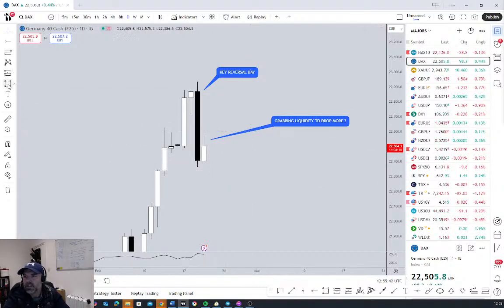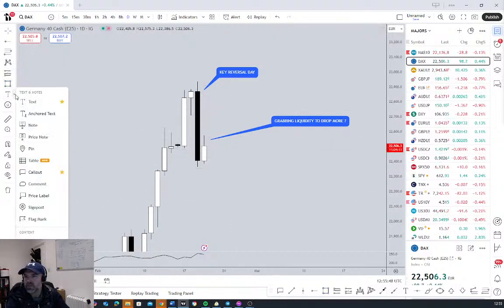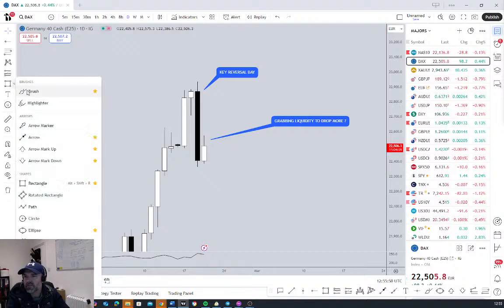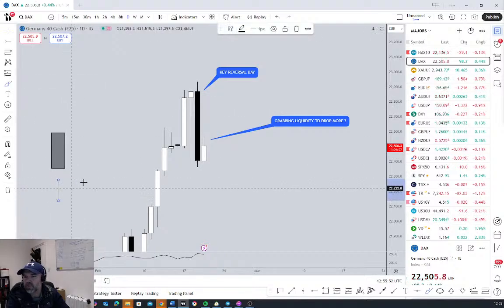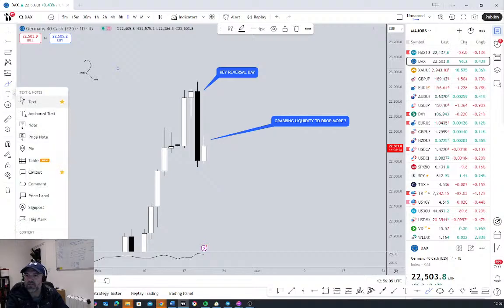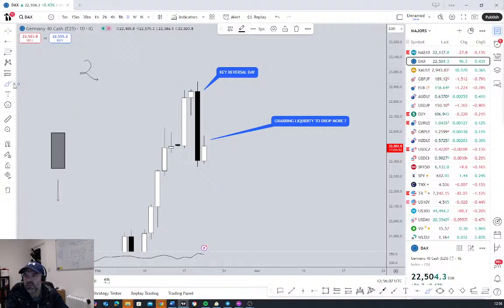If this is candle one, then candle two can only be four different options.